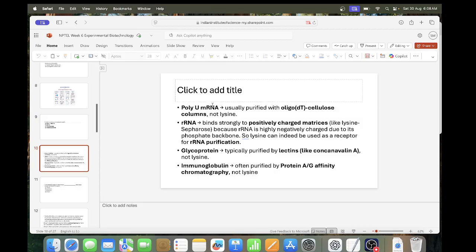So poly-U mRNA, like I told, has multiple U's, which are uracils, at one of the ends, usually at the 3' end. Because this has multiple U's, if we have oligo dTs, which is multiple T's, because of base pairing, we'll be able to purify this.